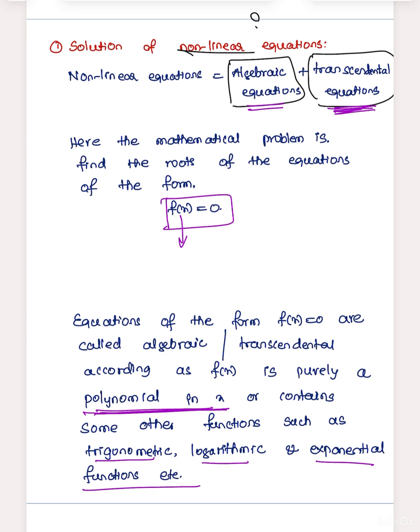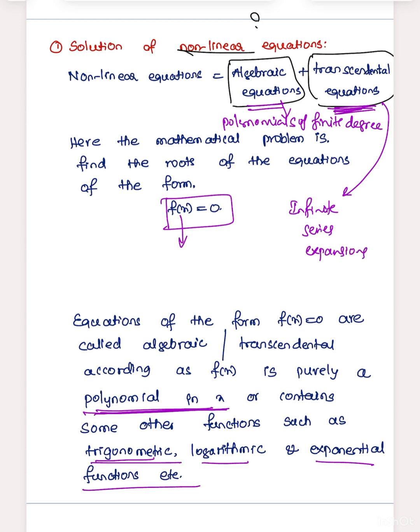So algebraic equations are those equations which involve polynomials of some finite degree. And transcendental equations are those equations which involve infinite series expansions. You can observe that trigonometric functions have infinite series, the logarithm also has an infinite series expression, and exponential functions also have infinite series expressions.